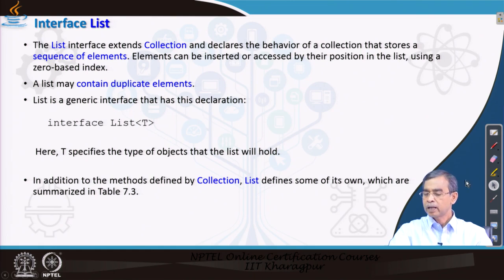It is also meant for storing any type of element, so that is why it is a template. It is basically an interface, this is the name of the interface, list, and the type of element that it can hold is a template. That means it can store any type of data, integer, double, float, string or any user defined data.